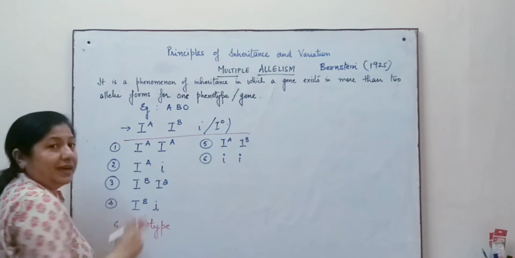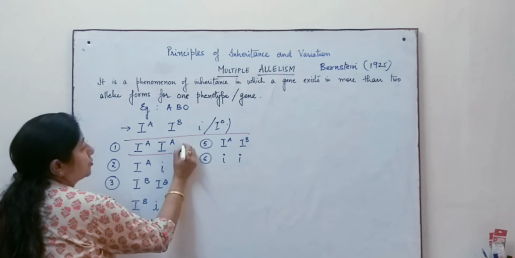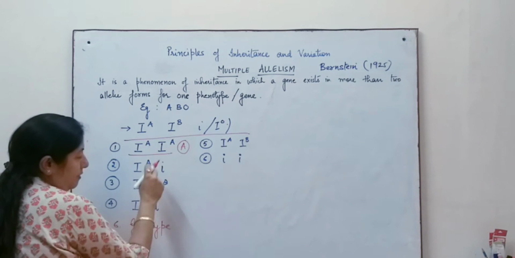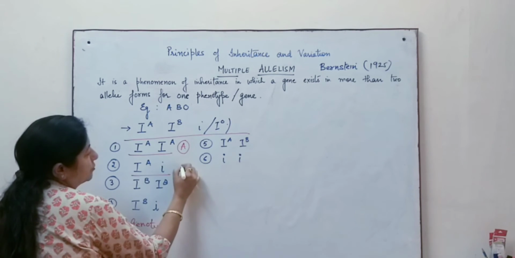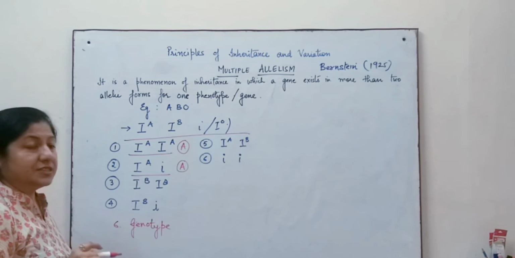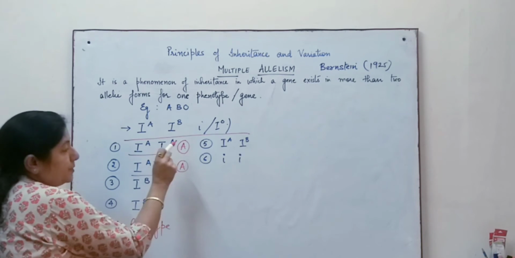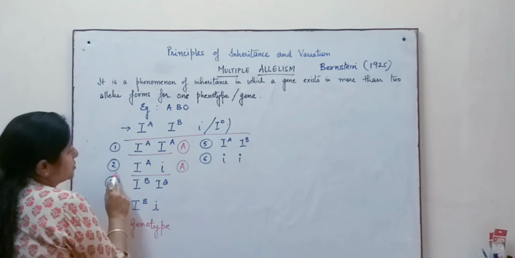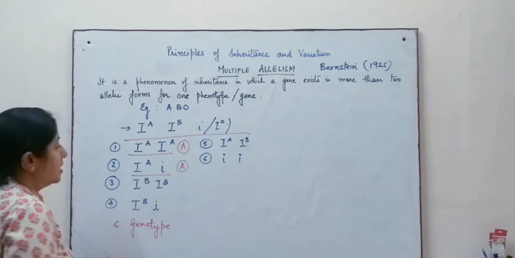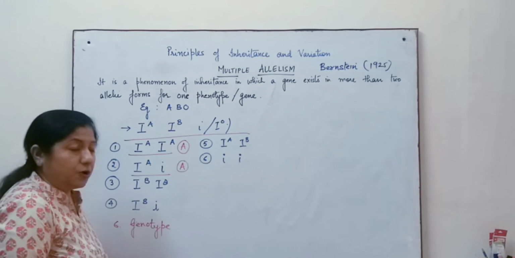IA and IA will give an individual with blood group A, whereas IA and small i will also have blood group A. The first is a homozygous condition where both allelic forms are the same, so the blood group will obviously be A. In the second situation the blood group is again A, but it is heterozygous because one allelic form is IA and the other is IO or small i.